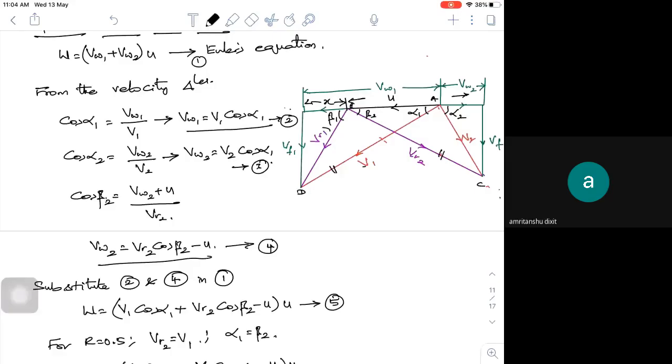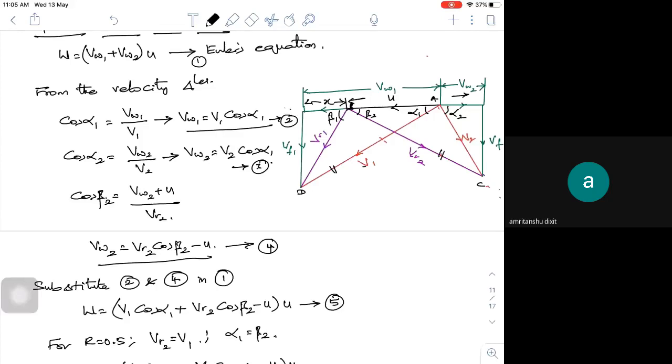VR1 square is equal to V1 square plus U square, because U is common, minus 2 V1 U cos alpha 1. If I call the vertices A, B, D, then considering the triangle ABD, my VR1 square is equal to V1 square plus U square minus 2 V1 U into cos alpha 1.